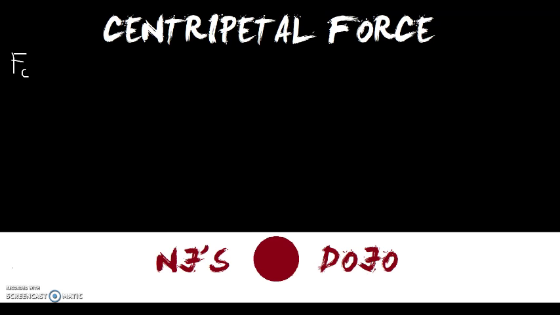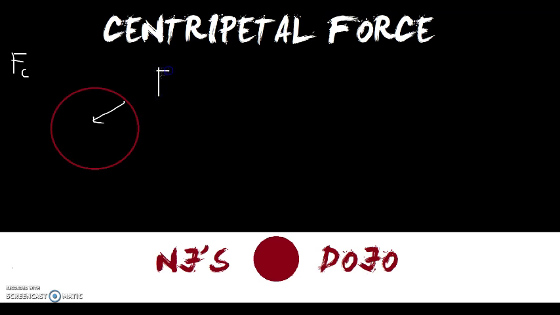Now, the centripetal force in the circle obviously has to point inward toward the circle center. Its magnitude is the product of the mass of the object and the centripetal acceleration required to force it onto a circular path.